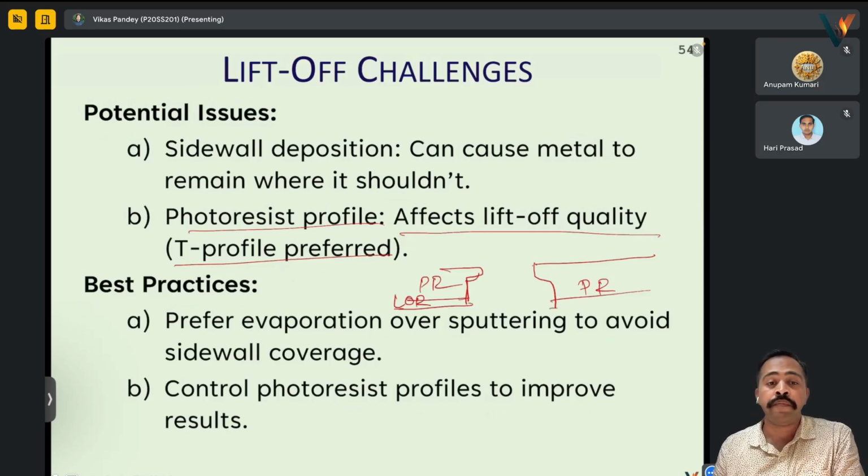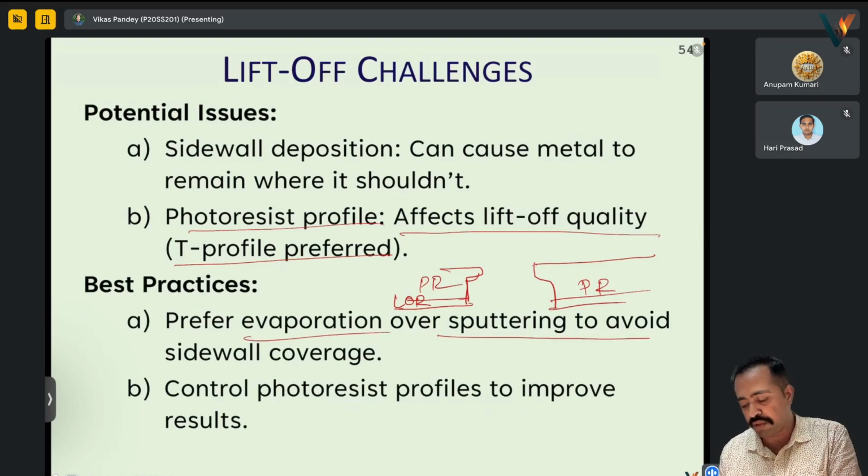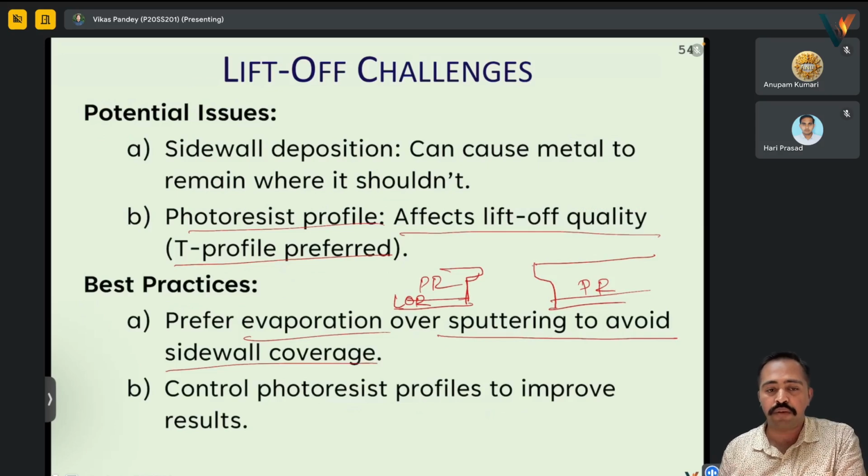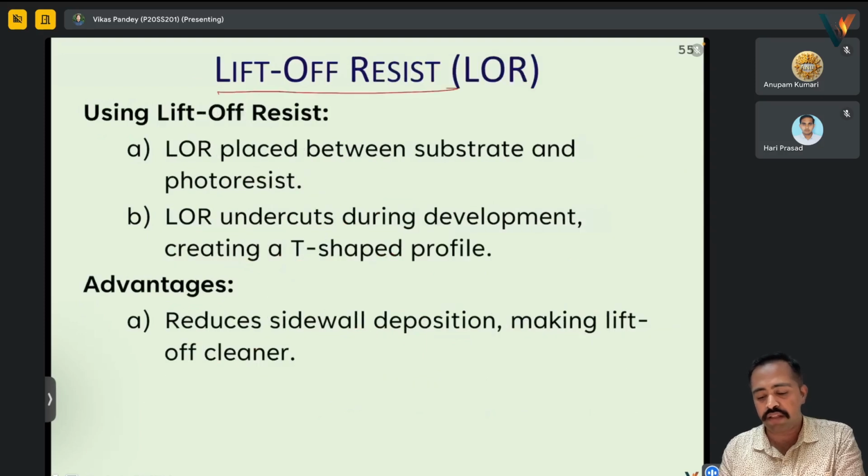The best practice is to prefer evaporation over sputtering to avoid sidewall coverage. The photoresist side profile is to be controlled to improve our results, and that can generally be done using lift-off resist.